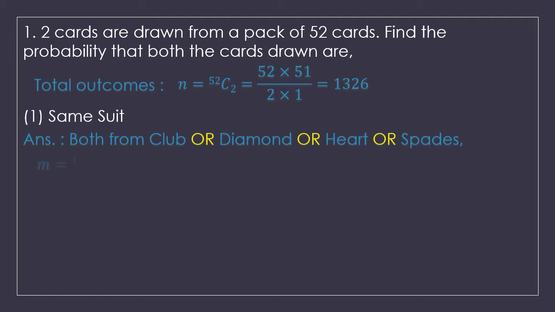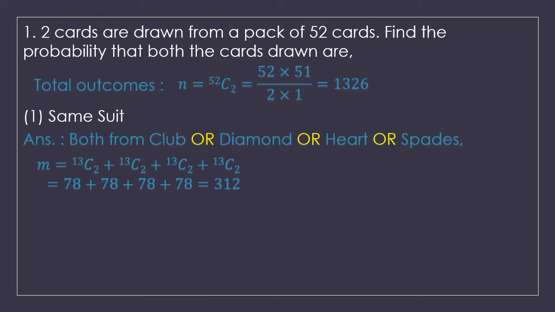How we are going to write them down is 13C2 plus 13C2 plus 13C2 plus 13C2. That will be 78, 4 times, so the answer here will be 312. Because in each suit 13 cards are there, and we are going to select 2 cards out of each suit, the combination here will be 13C2, and 13C2 is 13 into 12 divided by 2, that is 78.